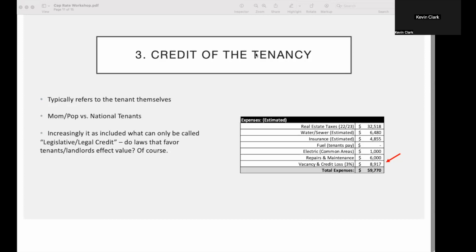Your long-term prospects for collecting all of the contract rent that is owed is lower in that type of a market versus a market like Florida or Texas, where you have more favorable landlord laws where it's easier to get the marshal to come to evict tenants for non-payment. So we want to think of this as credit of the tenancy. It's either the tenants themselves or the market that you're operating in.